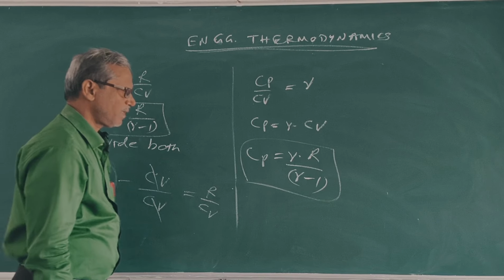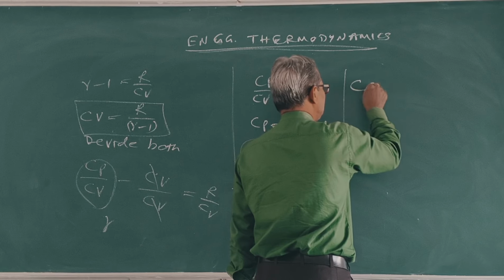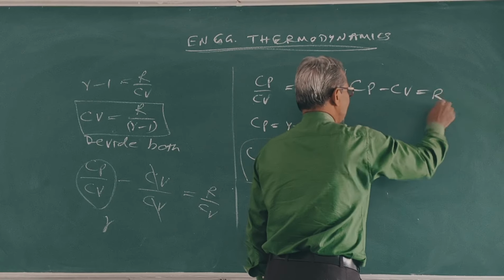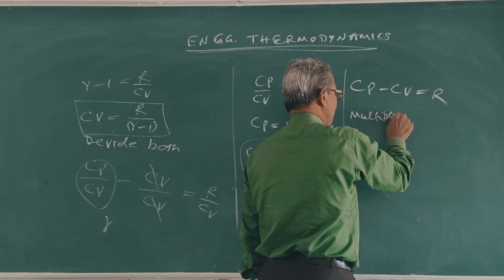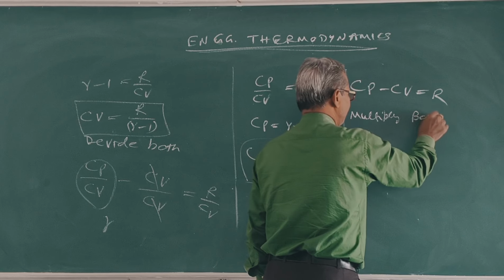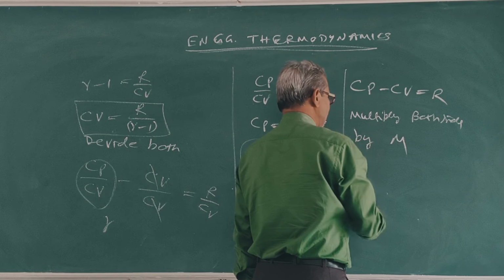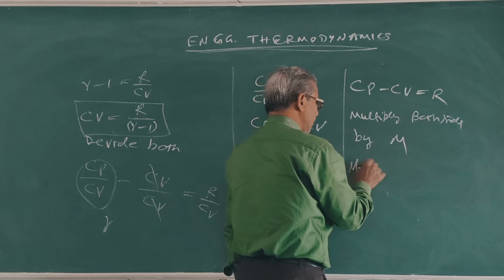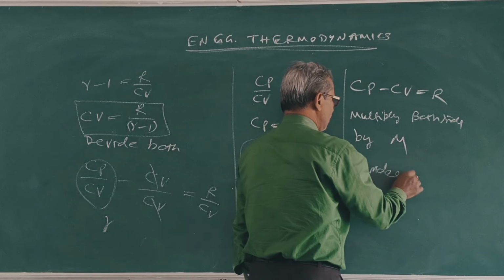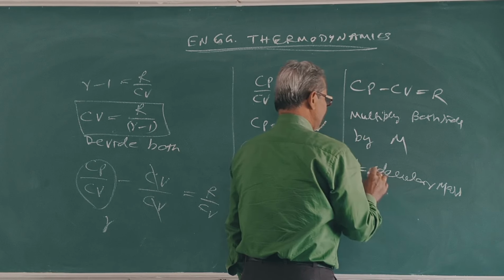Clear? Again, multiply both sides of Cp minus Cv is equal to R by M. What is M? Molecular mass. Clear?